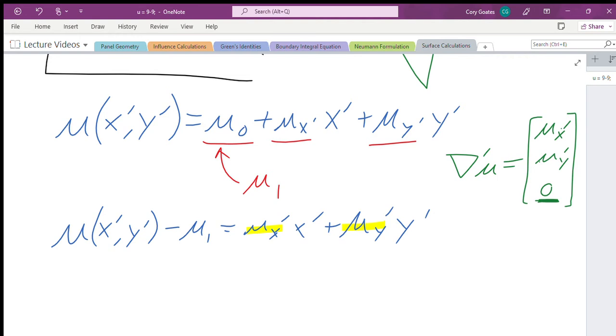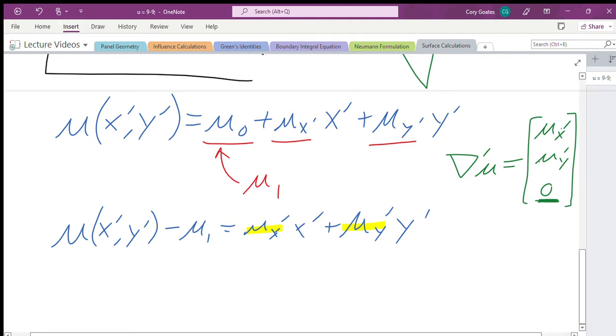We're looking to figure out what mu x and mu y are. Well, we don't know those, but since we've solved for our doublet distribution, we do know what mu 1 is. We also know mu at a few other points, namely at the centroids of the neighboring panels.